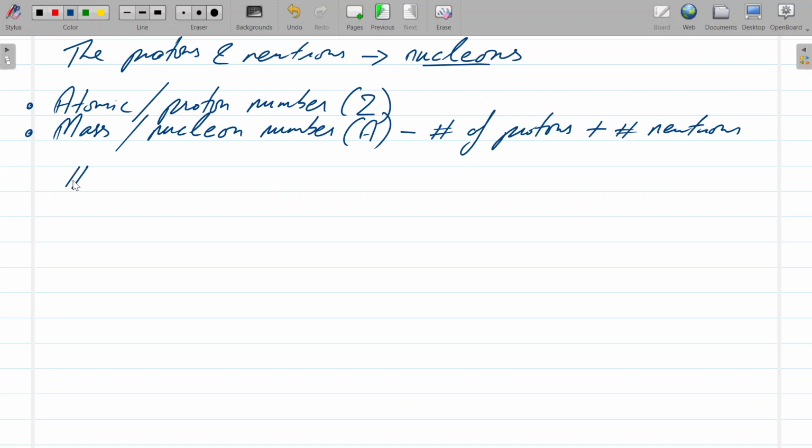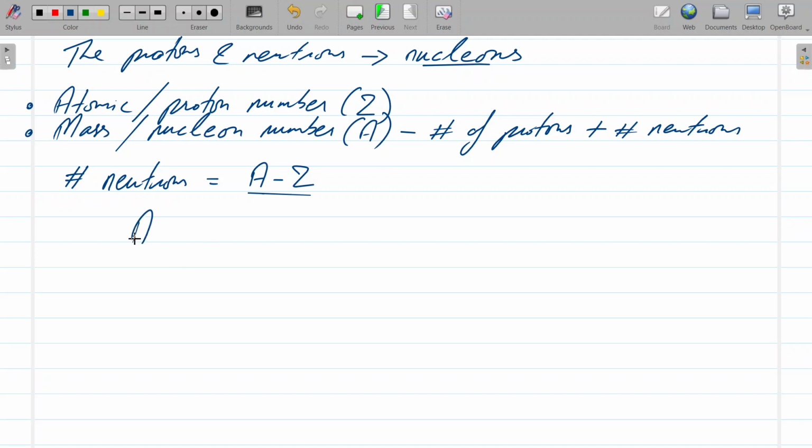And therefore, if you want to find out just the number of neutrons, you would do the mass number, I wrote this wrong. The mass number minus the atomic number will give you the number of neutrons.